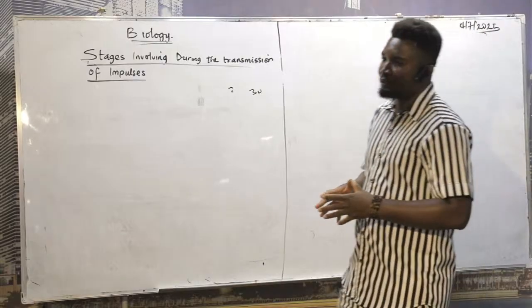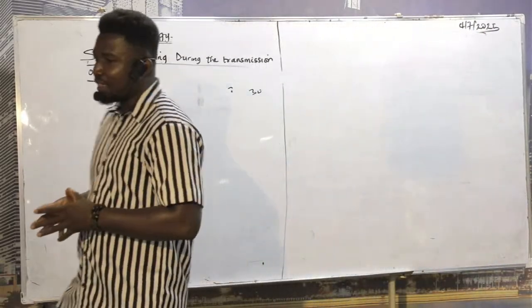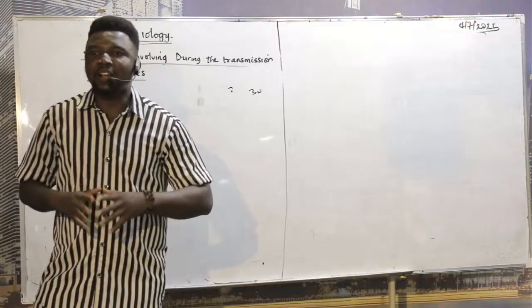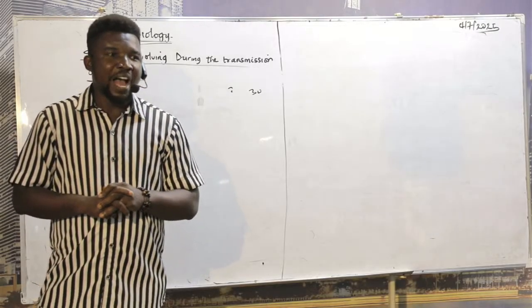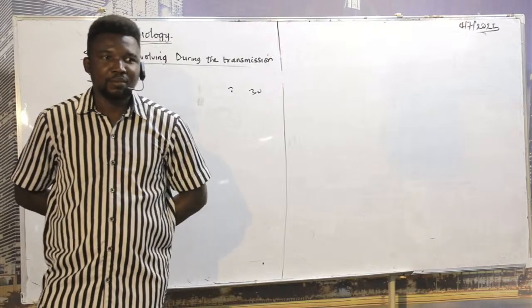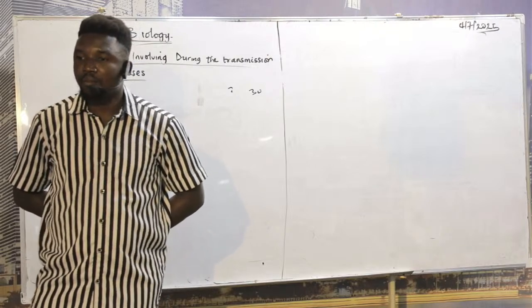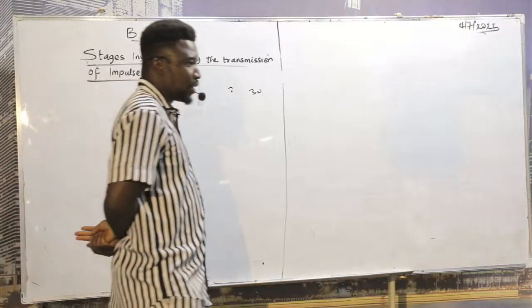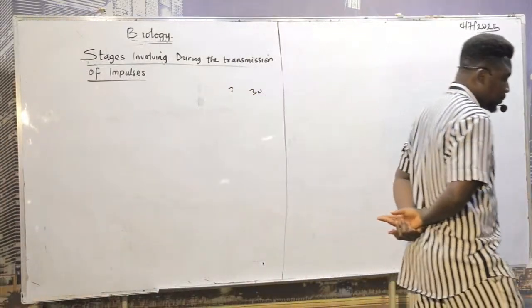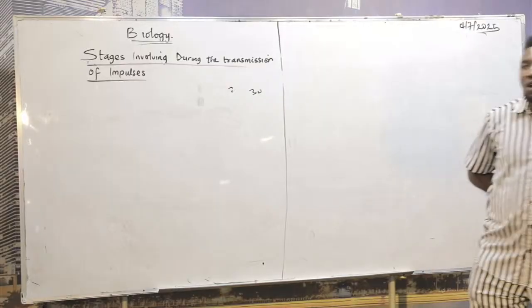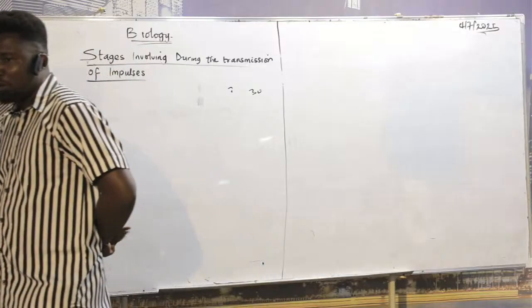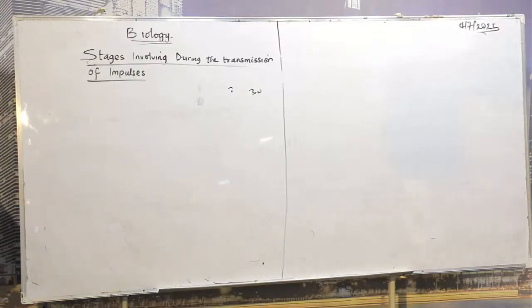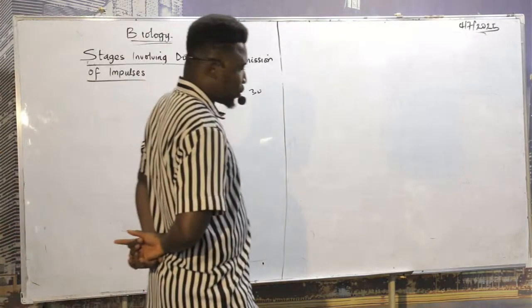Then, what's the last part? The axon stays with the effector muscles, while the dendrite is with the CNS. I'll repeat myself. Efferent neuron is also called motor neuron, which transmits impulses from the CNS to the effector muscle.